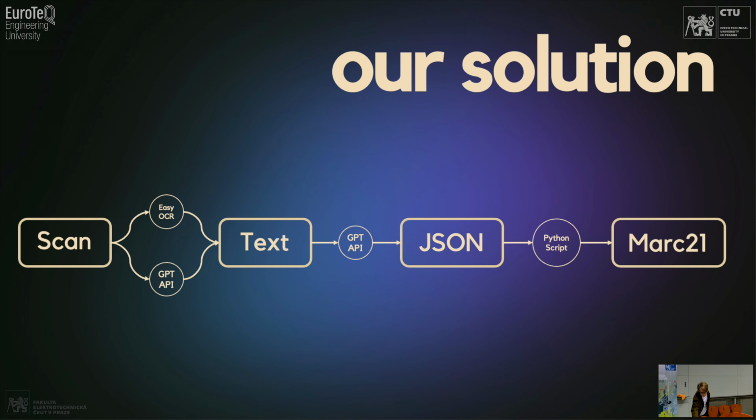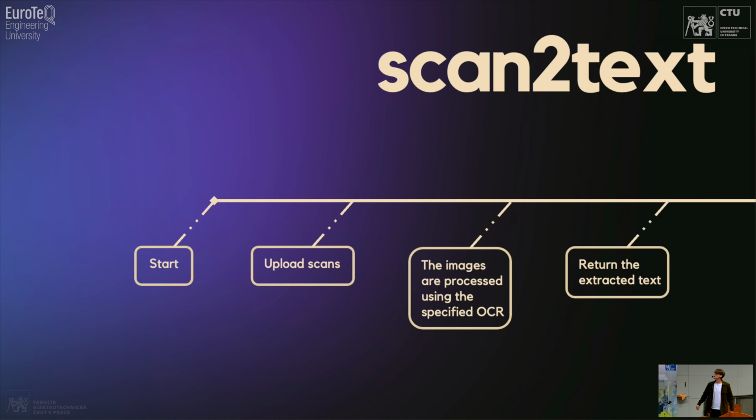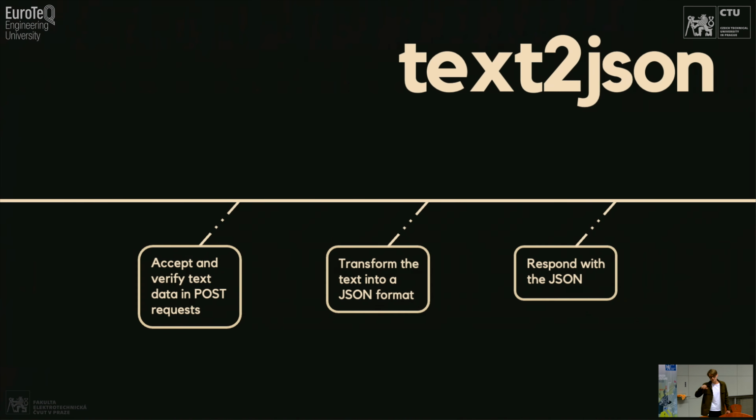Let's go deeper, starting with the service called scan to text. As I said before, the entry point is a ready-to-use image of the book, and we upload the scan to our web service. It analyzes it using the OCR models mentioned before and returns the extracted text. This text can be sent as a separate HTTP request to the second service, text to JSON.